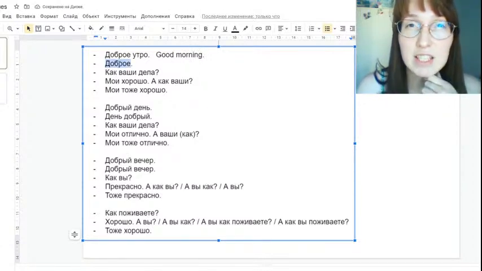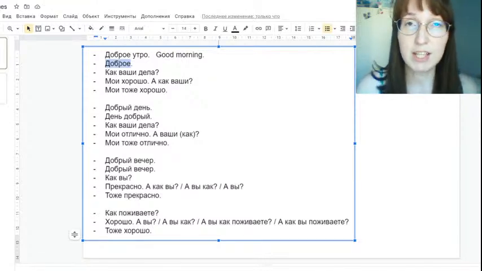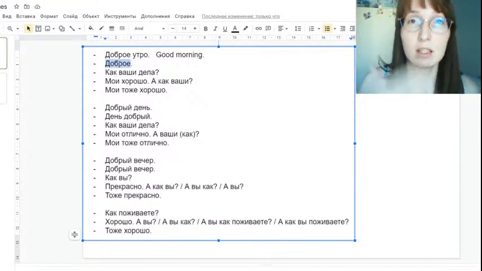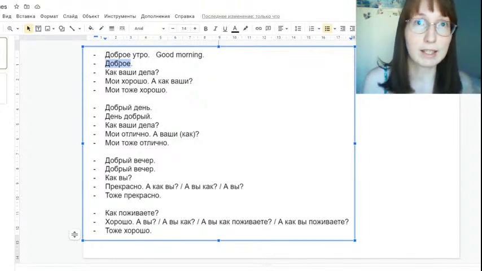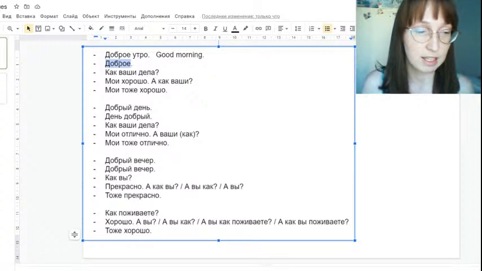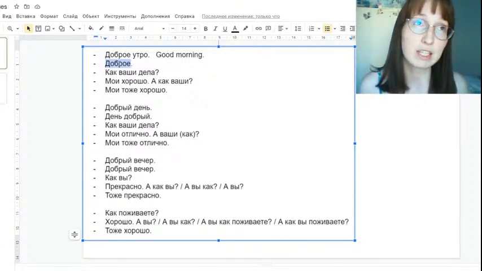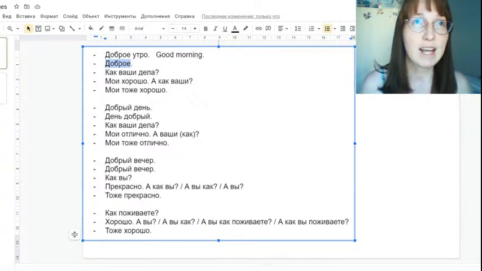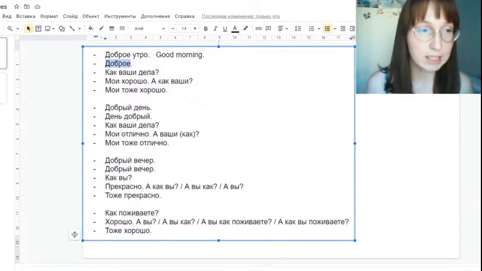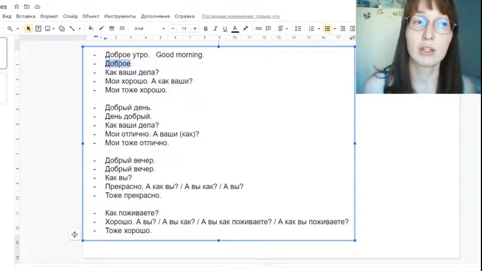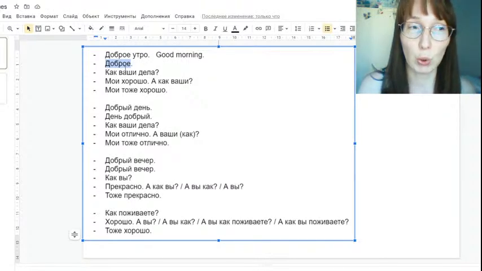And the answer literally means good. In Russian we say good morning, good. Not like in English, good morning, morning. I often see in the WhatsApp groups when people greet each other and they translate literally Доброе утро, утро. No, it's incorrect. Доброе утро, доброе.